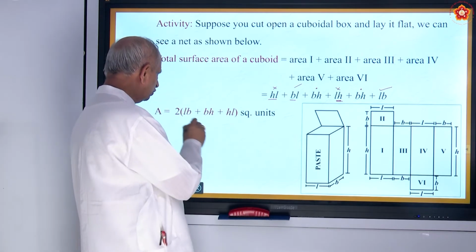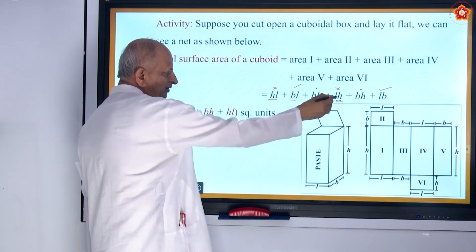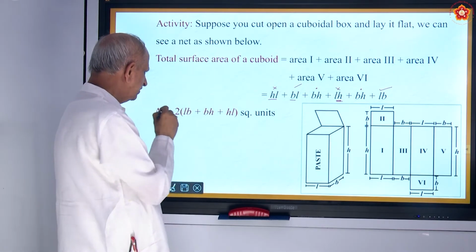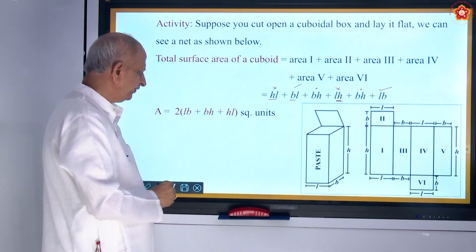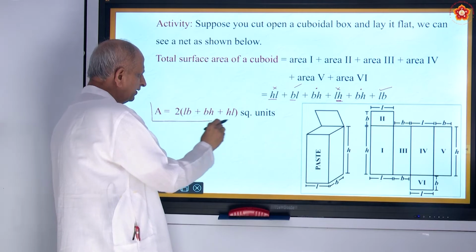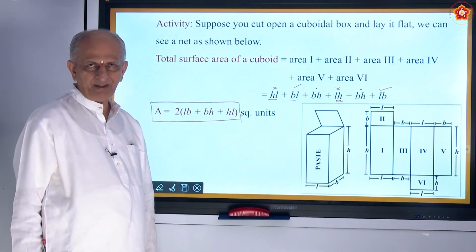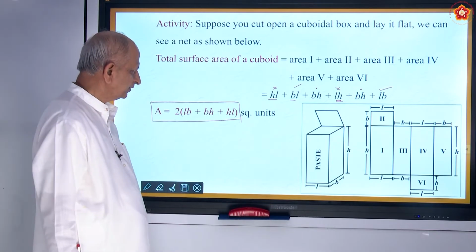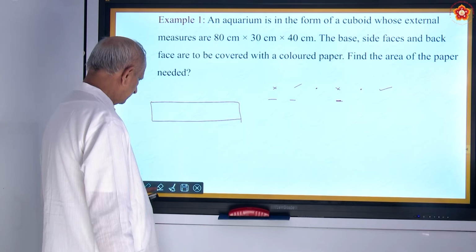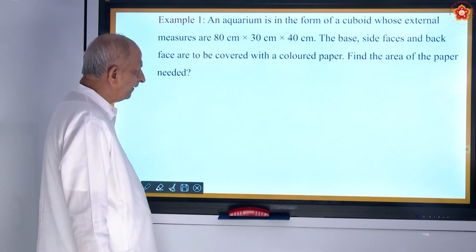Totally you have 2 HL, 2 BL, 2 BH. If you take 2 outside, you get a very beautiful formula. Area of cuboid is equal to 2 into (LB plus BH plus LH) square units. Okay. With that formula, we will pass on to a problem.